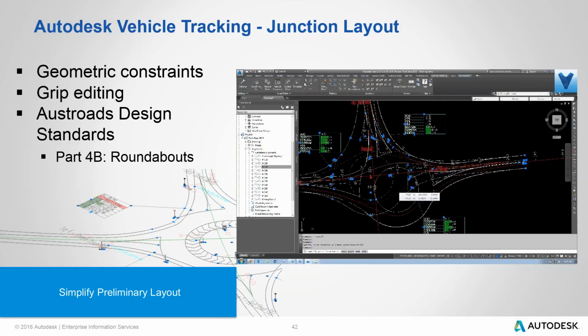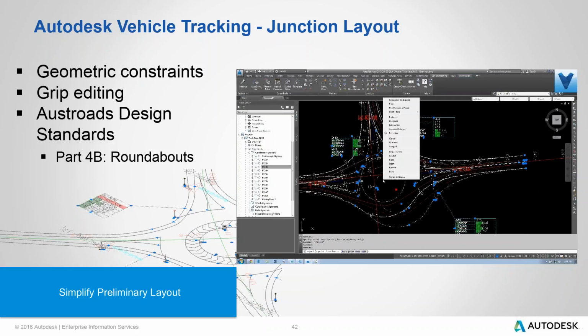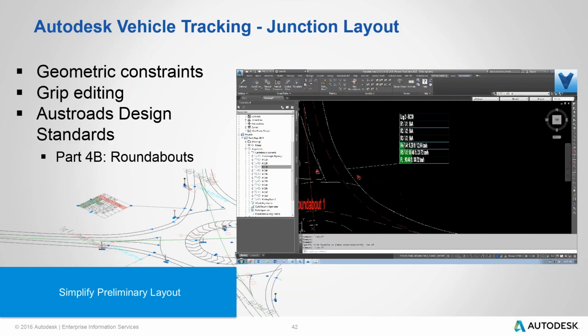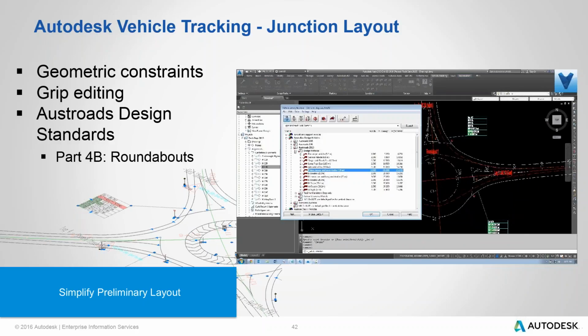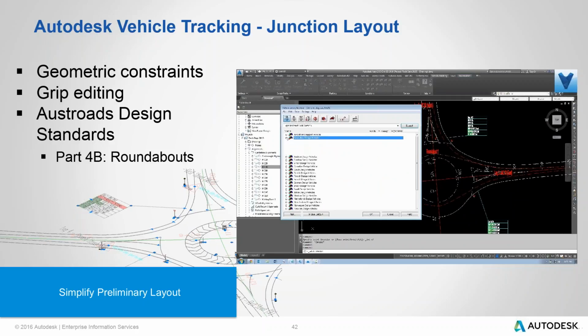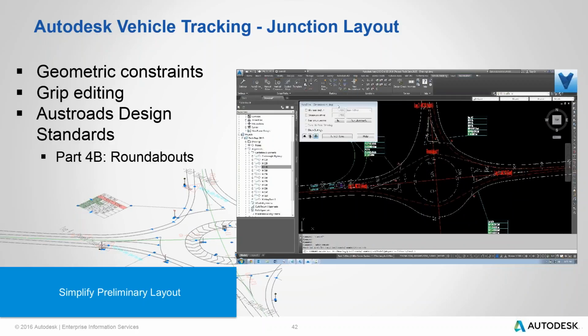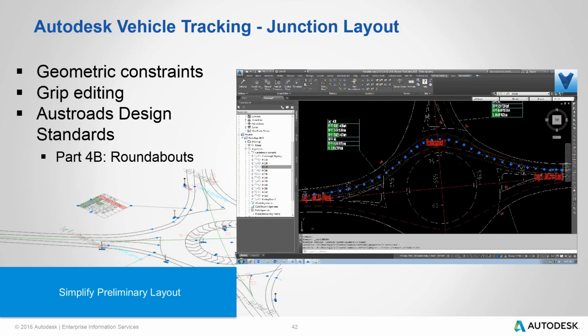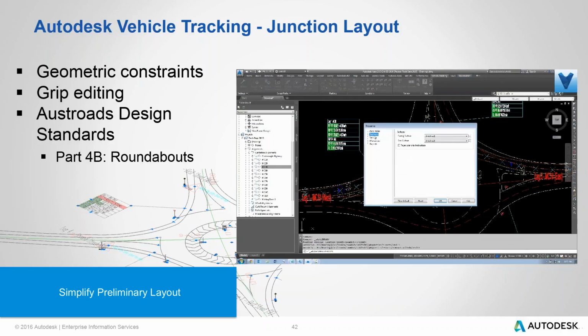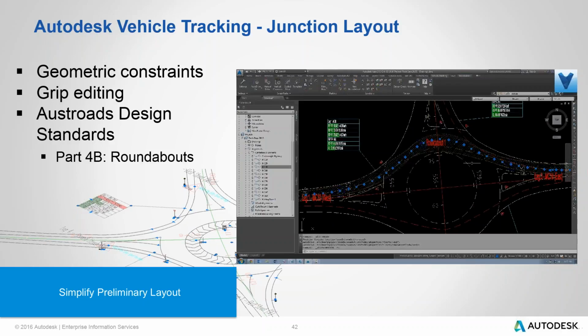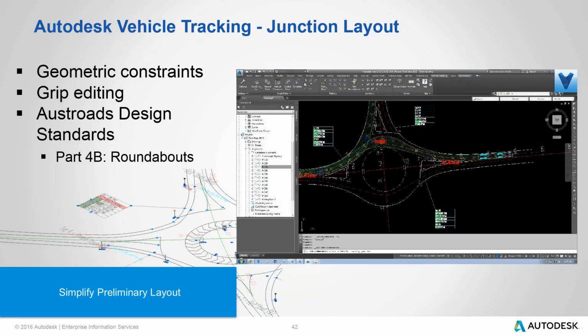Autodesk Vehicle Tracking uses established OSRO's design standards to create all of the necessary geometry, which, if done manually, is a time-consuming and tedious process and would have to be redone over and over again as there are no dynamic links. On-screen grip editing ensures that further refinements to the roundabout geometry can be made quickly and easily.